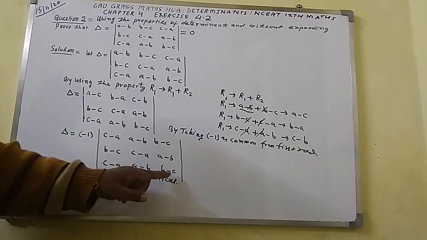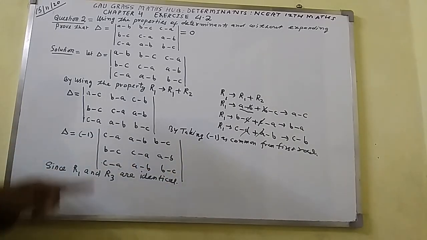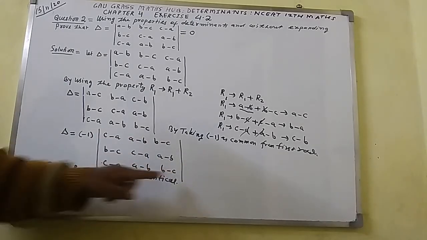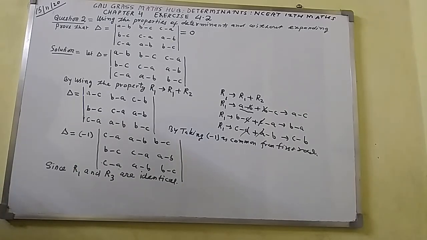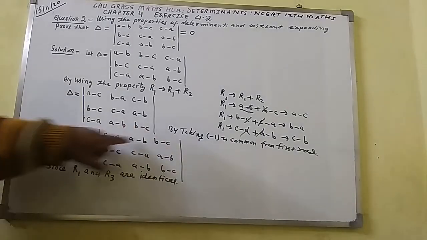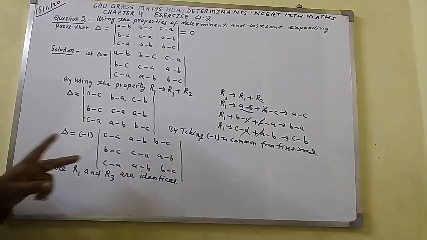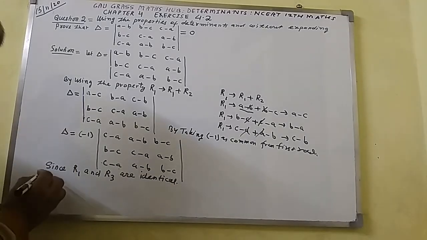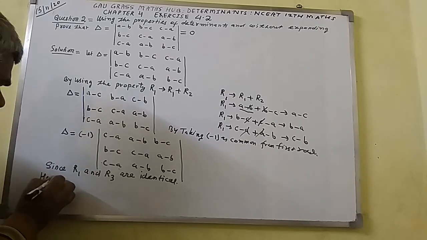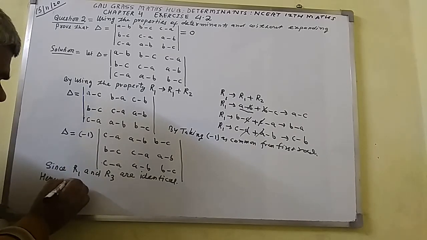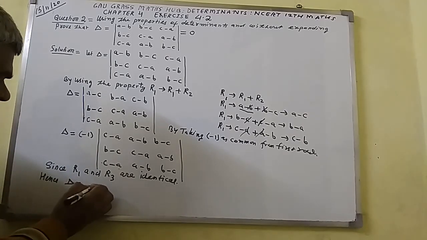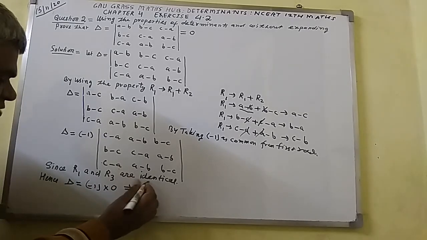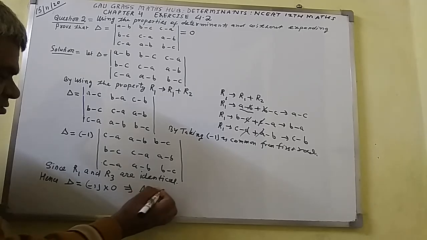This third row, that is R3. R1 and R3 are identical. That's why this whole determinant comes out to be 0. Hence I shall write, hence determinant equal to minus 1 will multiply to 0. Here you will get determinant equal to 0.